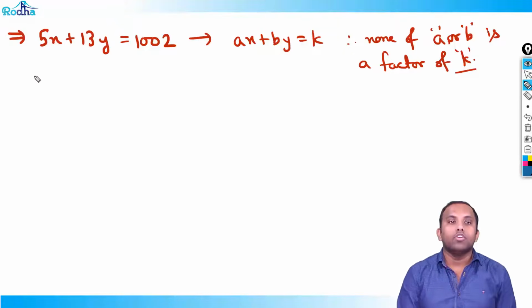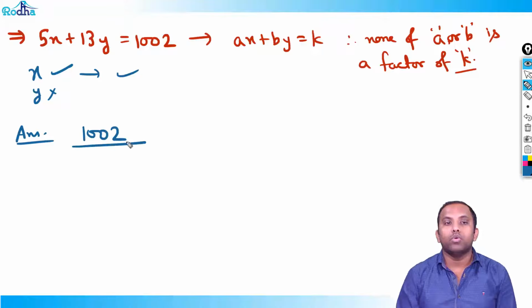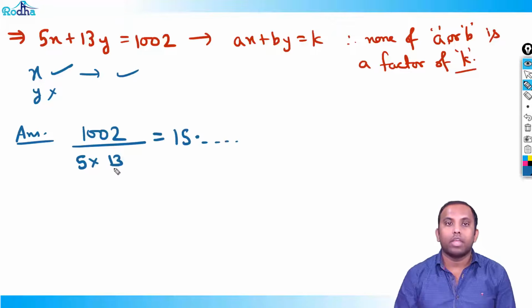We discussed this case, right? The solution will depend on x, not on y, a series of x, and we can solve it like that. But we can use one shortcut here. The answer will be 1002 by 5 into 13, and if it is coming as 15 point something, then the answer for sure has to be 15 or 16.